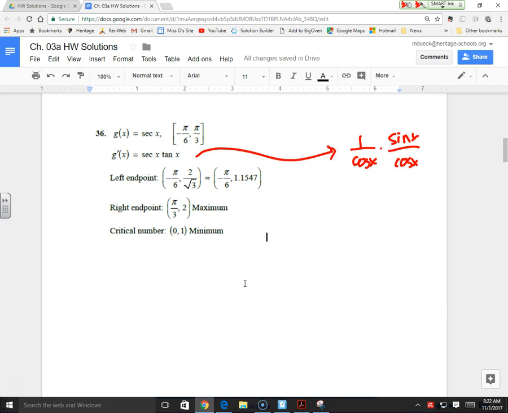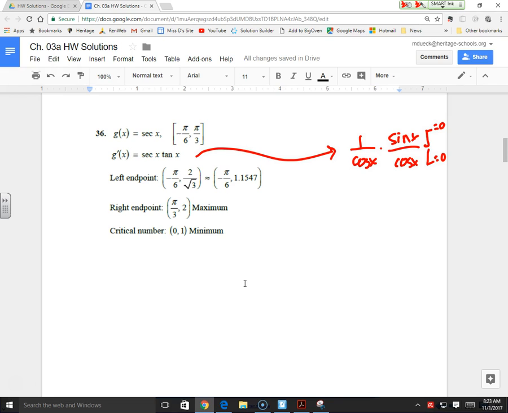So you could have made it a lot easier by asking when is the top equal to 0, when is sine 0, and when is the bottom equal to 0, when is cosine 0. So it's going to be 0, pi over 2, pi, 3 pi over 2, and 2 pi.